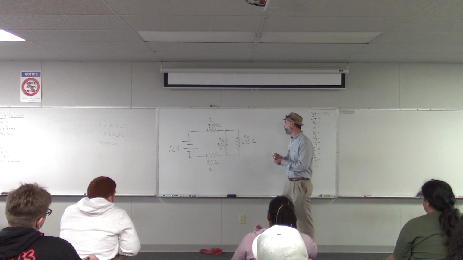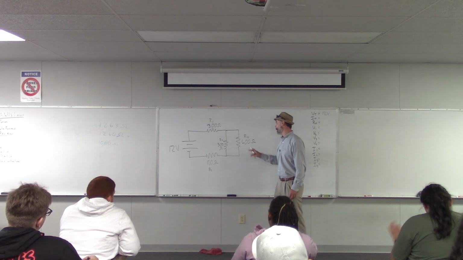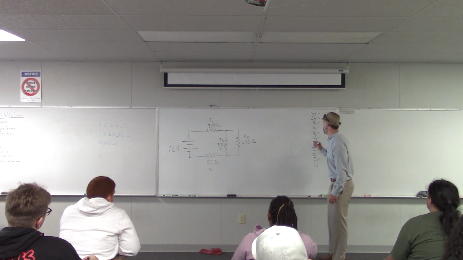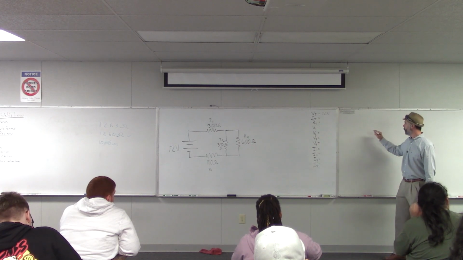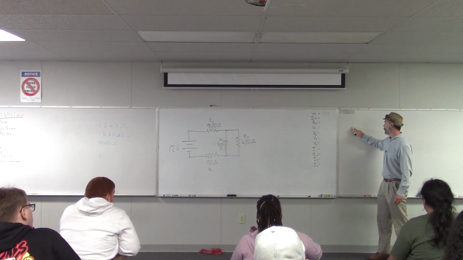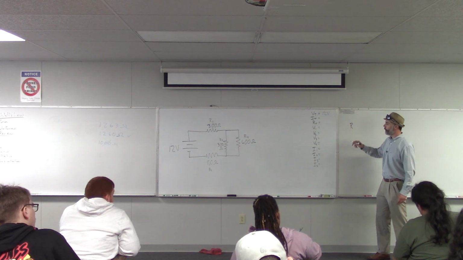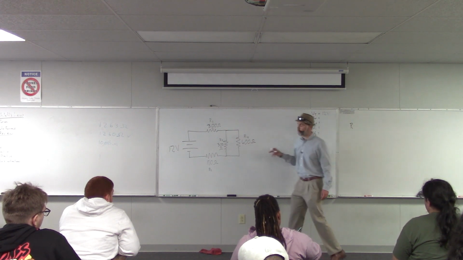So here we have 300 ohms and 600 ohms in parallel. To find their equivalent resistance, we have to use the parallel resistance formula. So we say R, and let's call this R34 because it's a combination of R3 and R4.